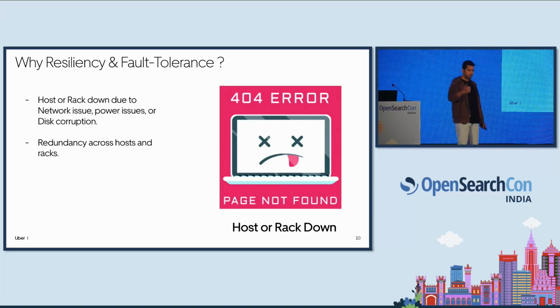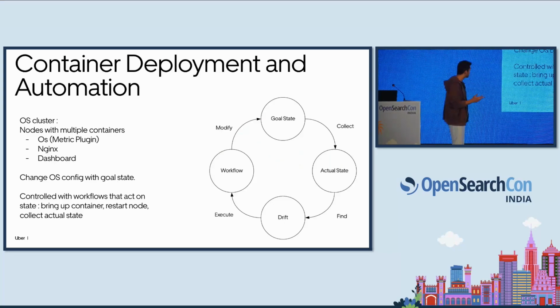So yeah, we talked about regional failures, we talked about zonal failures, then we talked about host or rack failures, right? Now we'll try to think what are the different strategies that we can employ for each of these so that if it happens, how do we come out of it?